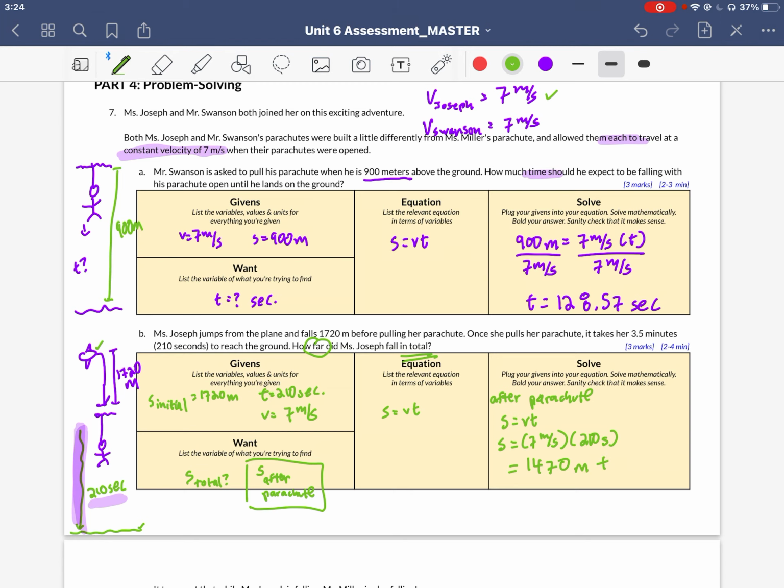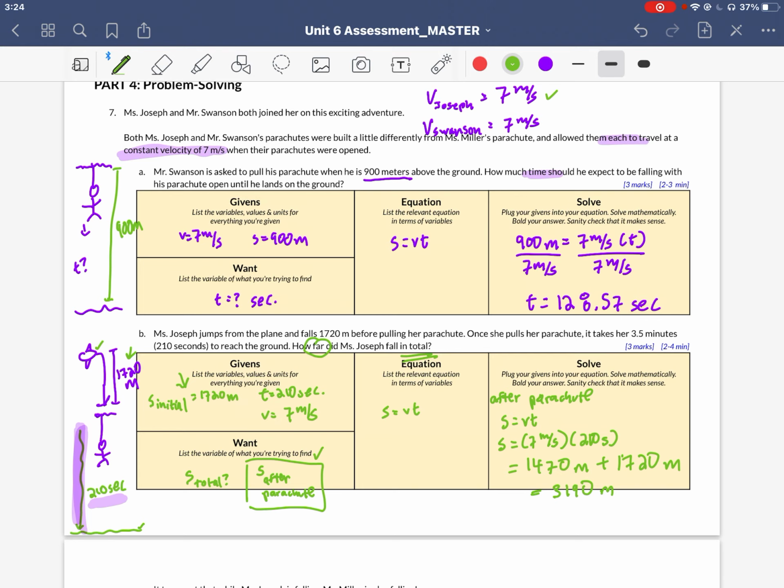And then I need to add that to my initial displacement to get the total. So plus 1720 meters, so equals 3,190 meters. So the key here was recognizing that the only thing you needed to calculate was after the parachute, and then go back in later and add in that displacement that they'd already given you, that she'd already fallen.